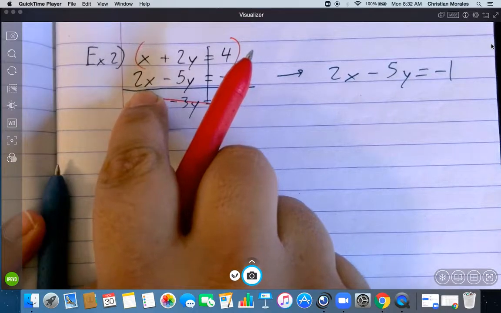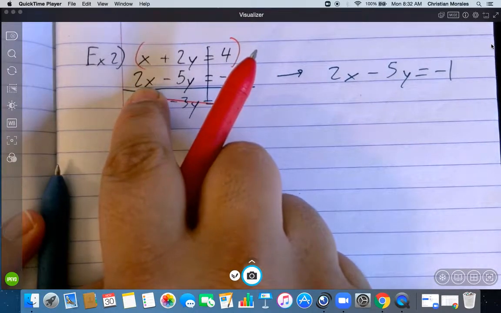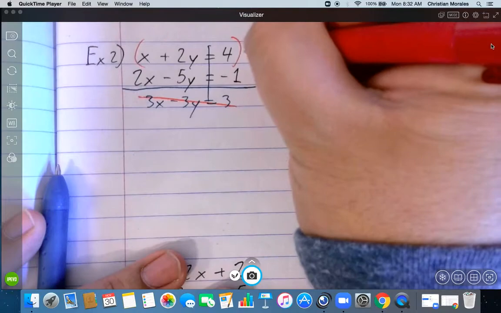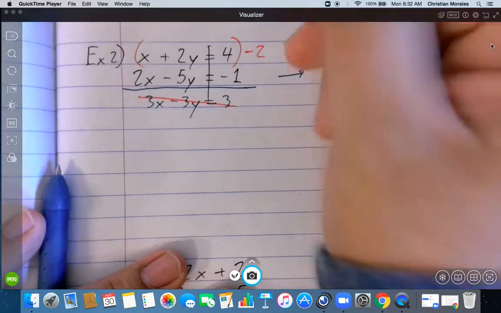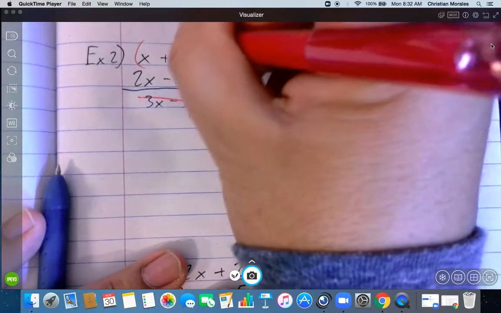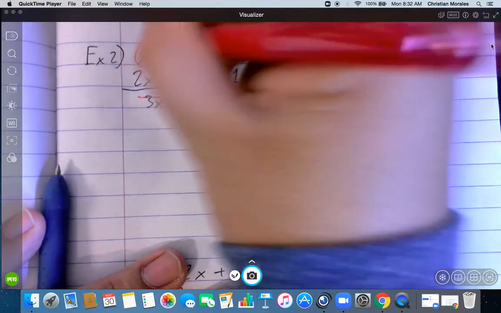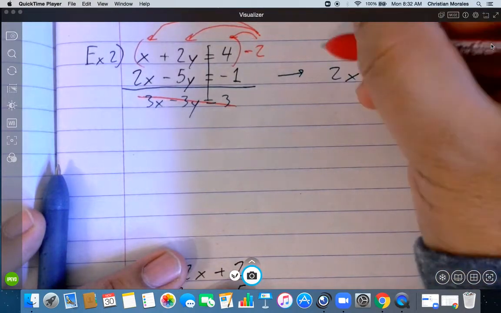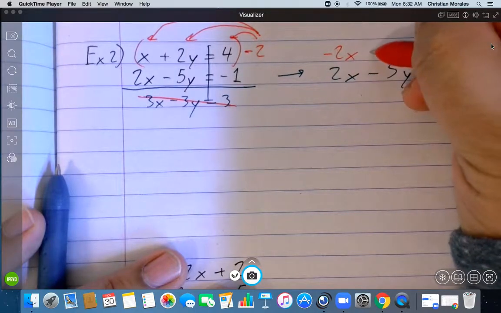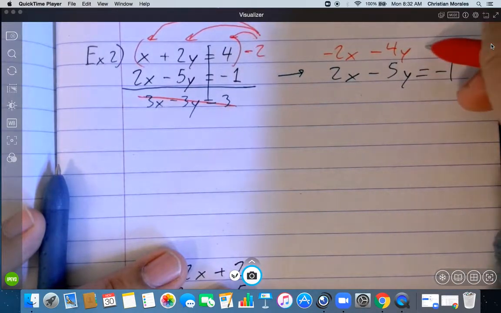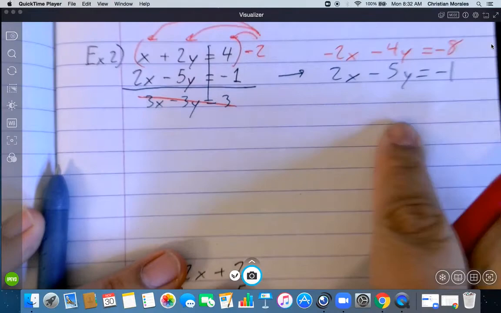But to cancel it out, it can't be a positive, it needs to be a negative 2. So I'm going to multiply everything by negative 2. Everything in that top equation is going to multiply by negative 2, and that way I get this. Negative 2x, negative 4y equals negative 8.